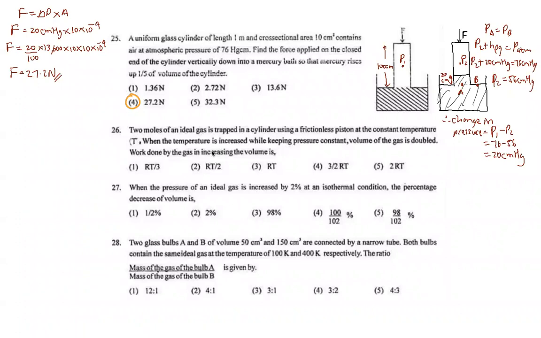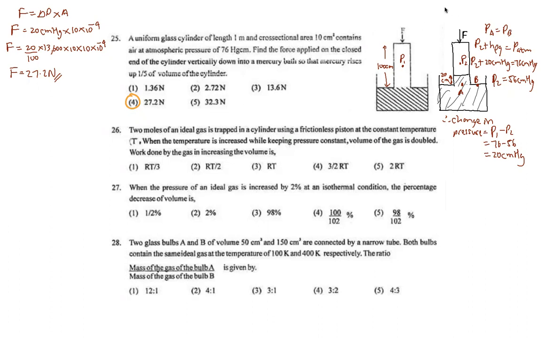Work done by the gas in increasing the volume is.